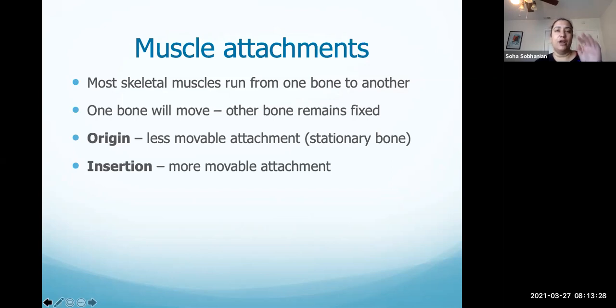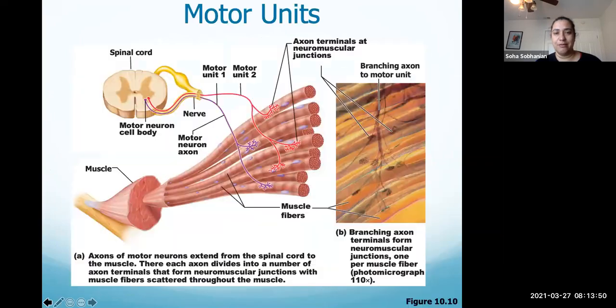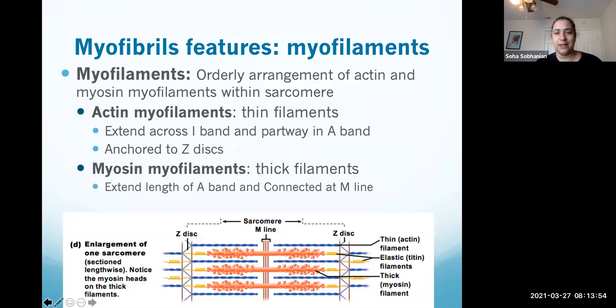From the outside moving inside, the epimysium, perimysium, and then endomysium were the three layers of connective tissue we had in the muscles. I'm just going to go back and refresh your idea of what we discussed.